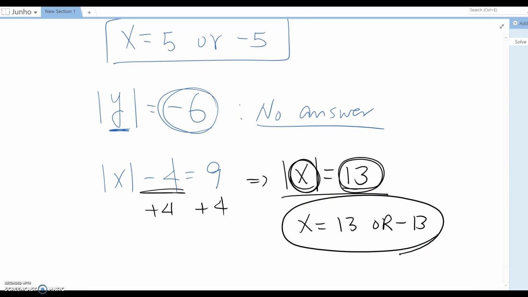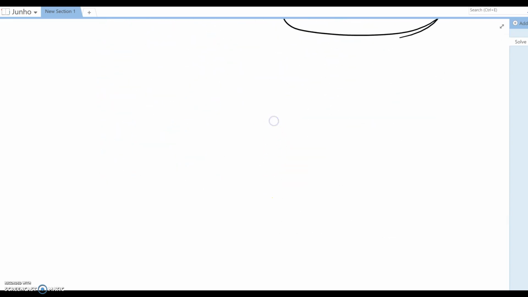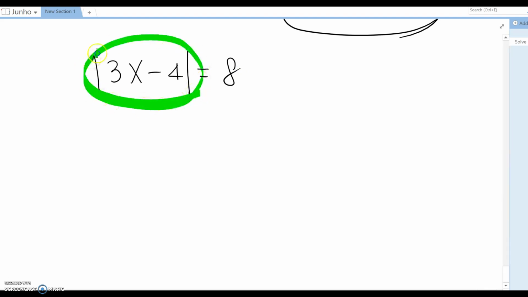Then let's start covering a little bit harder questions, such as absolute 3x minus 4 equal to 8. Please remember, this whole expression is the absolute value, which is a distance. So, what x values can be 8 units away from the 0?